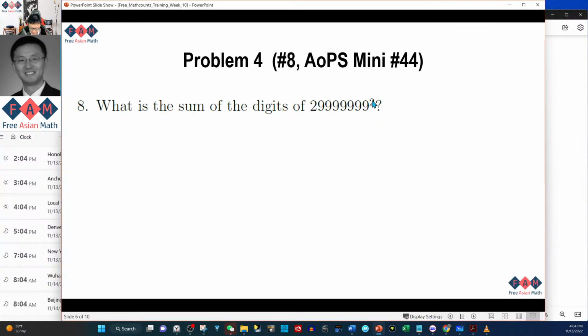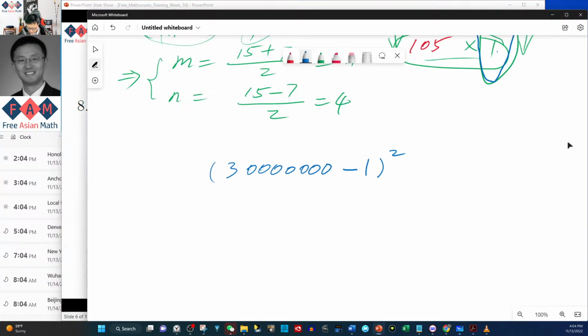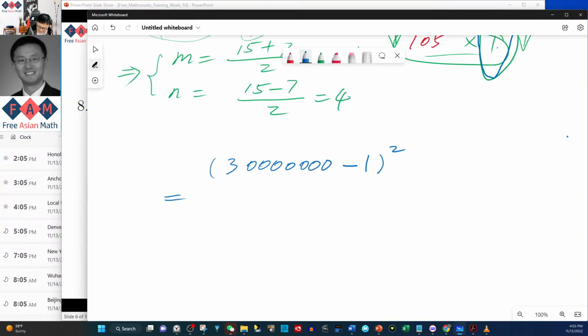Well, we are not just to compute this number itself. We want to sum all the digits. But we know when we have that many zeros, eventually we should have something that's really convenient to compute. So what is this? This is 3 times, actually we should write it in the so-called scientific representation, right? This should be 3 times 10 to the 7th power. This is this number, just remember.